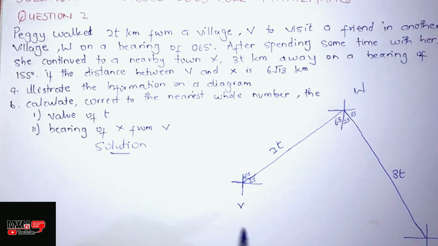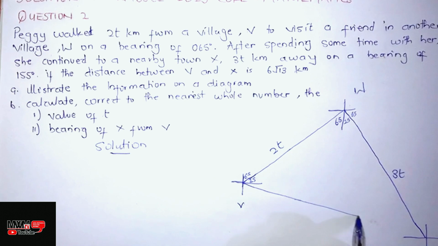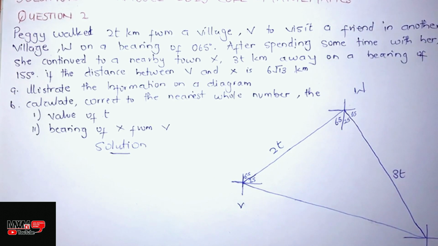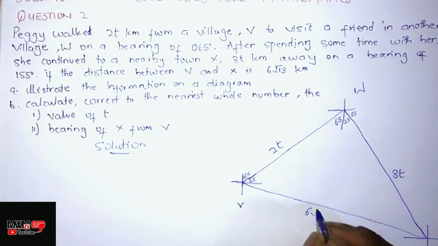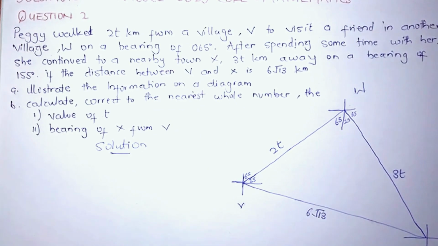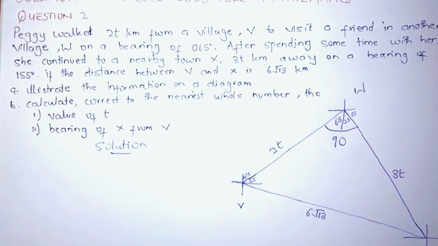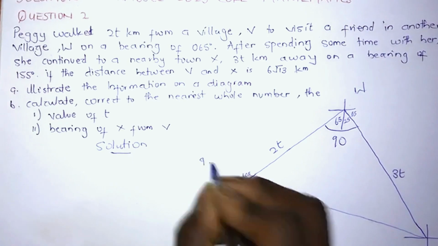Now let's join V to X. So this is what I'm going to get, and the distance between V and X is 6 root 13. Everything here is going to be 90, and this answers the first part of the question, which says that we should illustrate the information on a diagram. So this is the A.